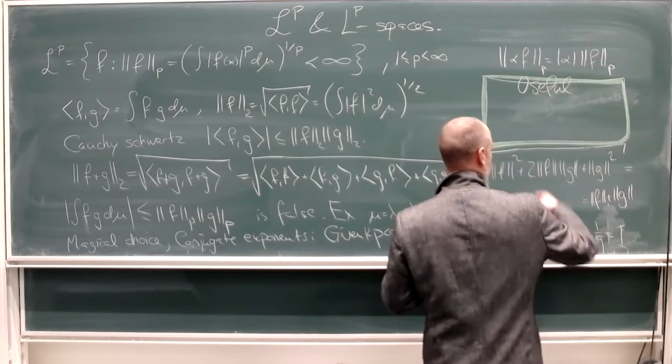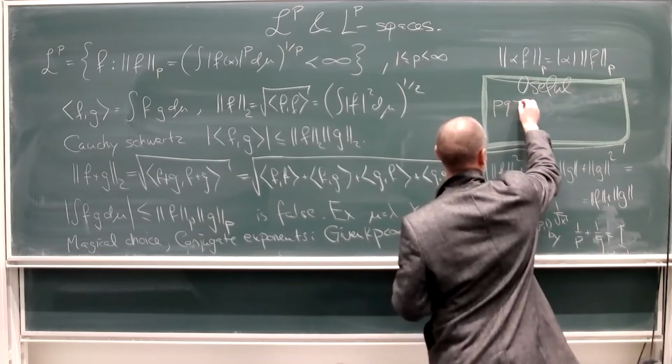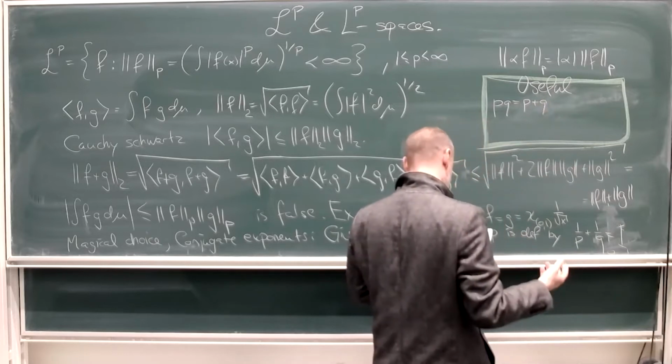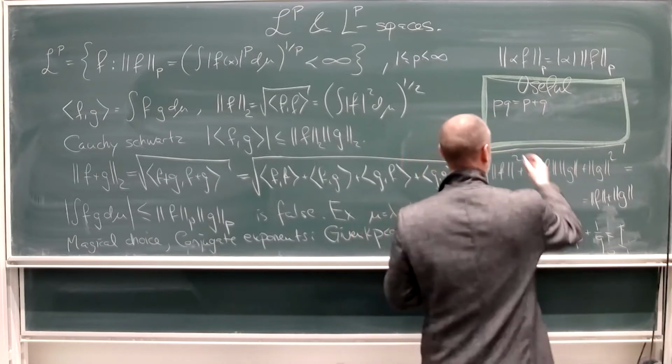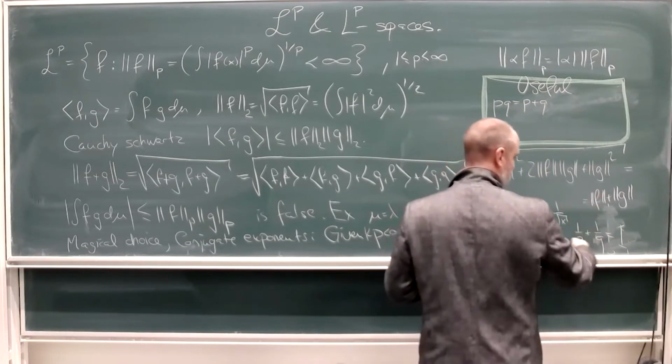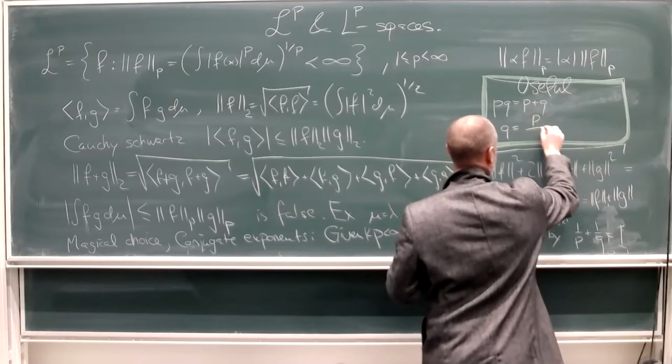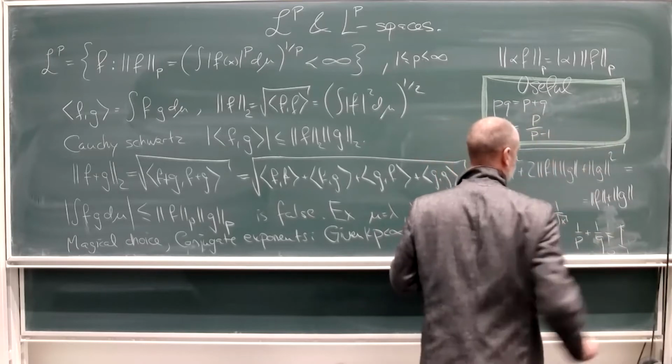If I multiply both sides with p and q, I get pq equals p plus q. That's one identity. And then you can express q as a function of p by solving this, and you get p divided by p minus 1.